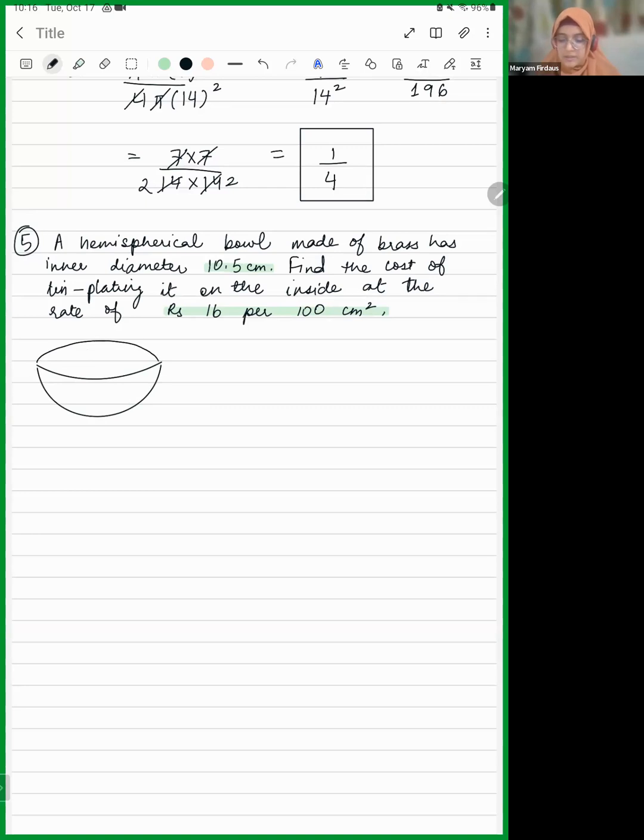Yeah. See, if you try to recall any of the bowls you've seen, not necessarily hemispherical, any shape, it's not always like this, right? It's like this.